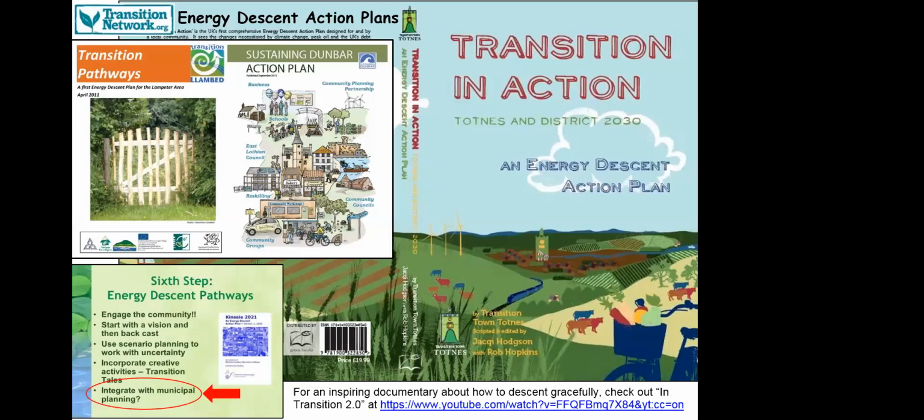In other words, instead of showing how you're going to grow your economy for the next 20 years, let's be realistic and address how with less oil, we need to descend gracefully so that we don't fall off the edge of a cliff. So Totnes was one of the first towns in the world that put together an energy descent action plan. And there's been lots of other transition town movements that have put this particular plan together.